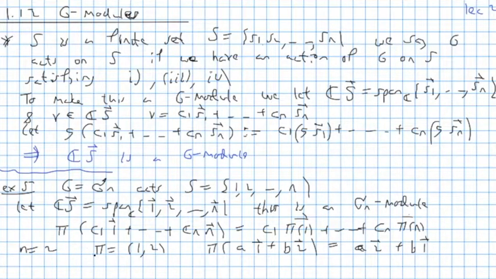Remember that a G module, we can turn it into a matrix representation by choosing a basis. So if we let B be the standard basis, 1, 2, then you can check that the matrix associated to the transposition 1, 2 would just be, well, where do I send 1?